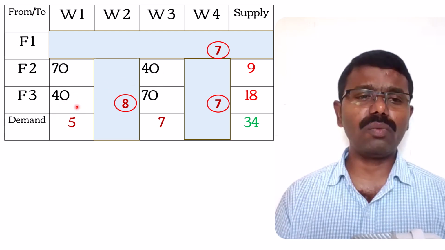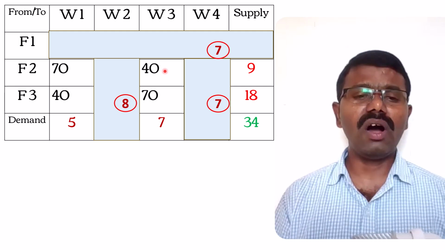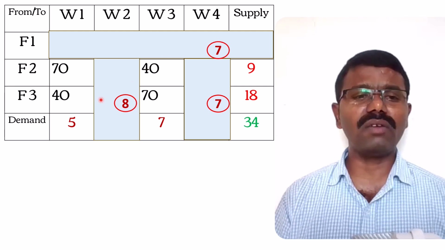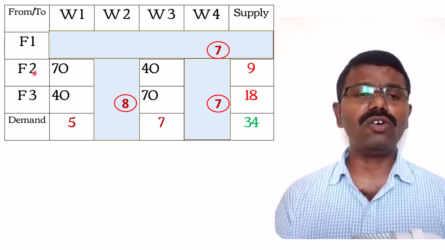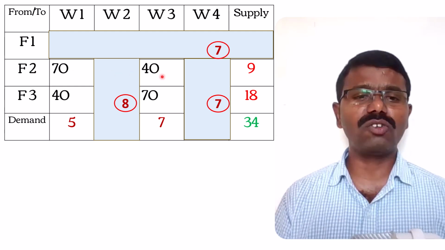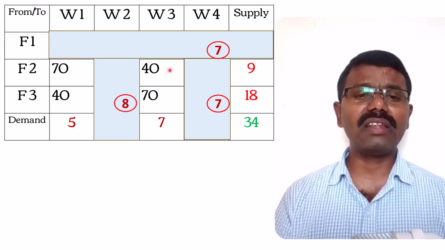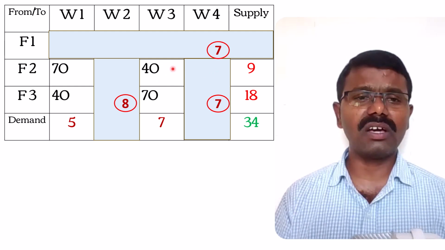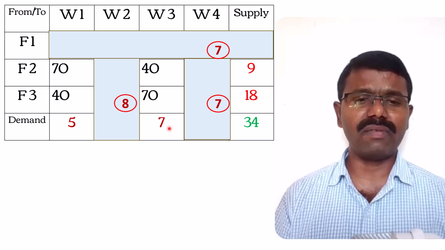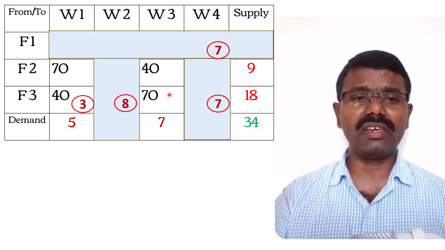When there are 2 places with 40, we can start with any one. Because in the sequence factory 2 will come, let us first see factory 2. The maximum demand for this cell is 7, but 9 is available, so you can assign 7 here.